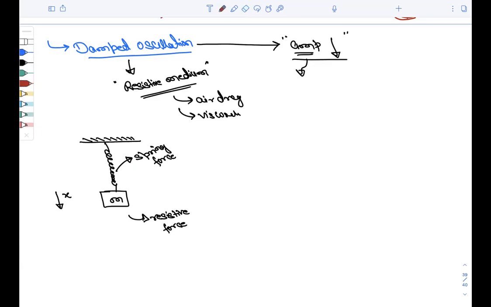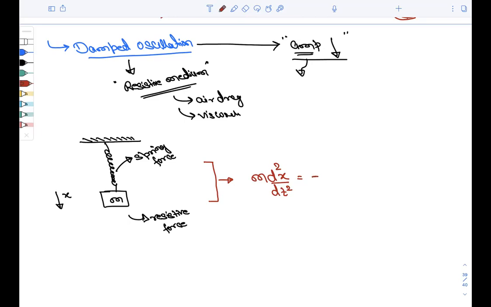All these things, I hope you know and understand. So we can simply write the equation: m d square x upon dt square, mass into acceleration, is equal to the total net restoring forces acting.